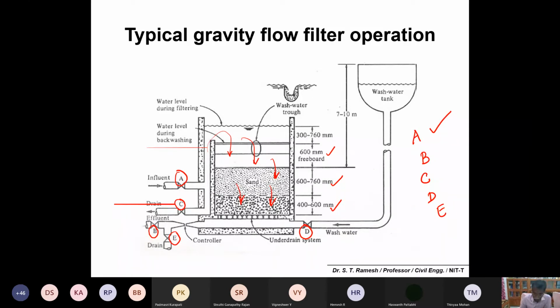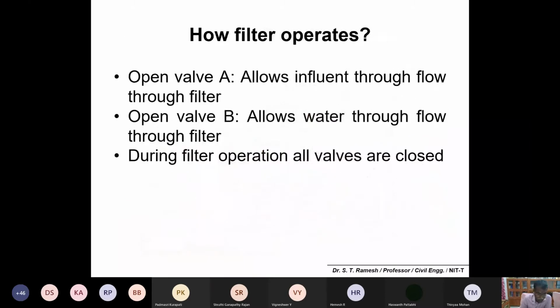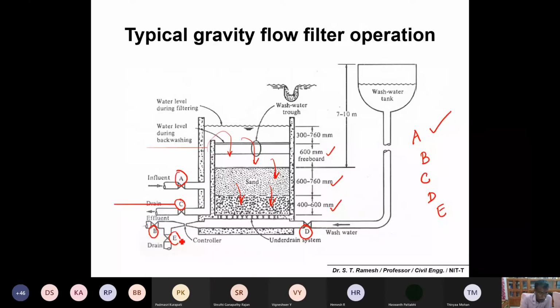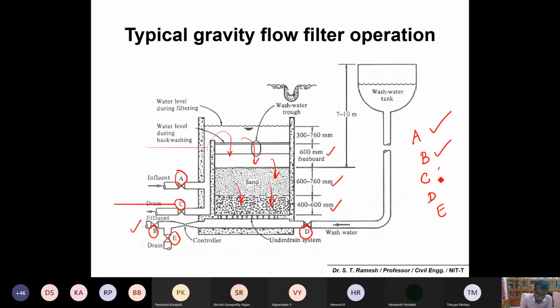Valve A is on, and valve B is also on, thereby the treated water can be collected. During the operation, all other valves are closed. Is it okay? Able to follow?